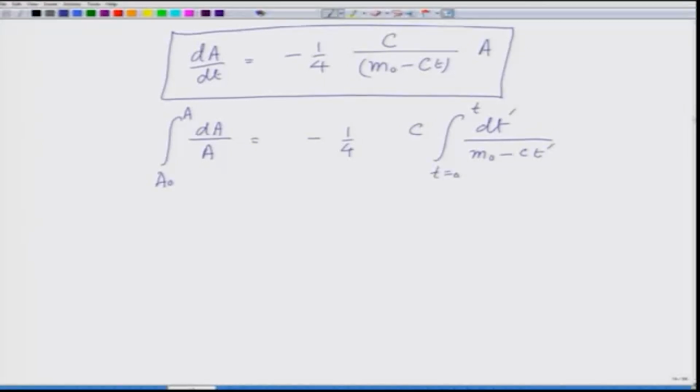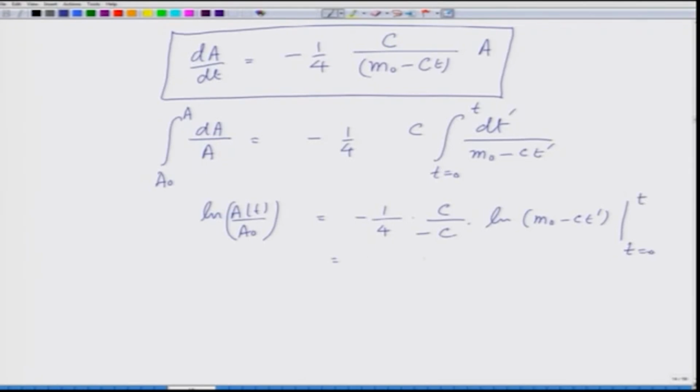So, this becomes log of A t over A0 is equal to minus 1/4 c divided by minus c log of m0 minus c t prime, from t equal to 0 to t.